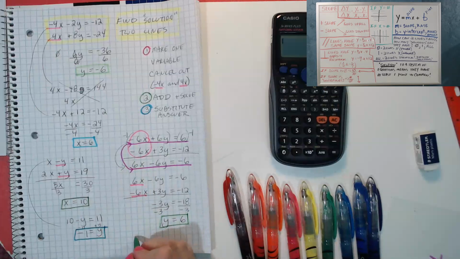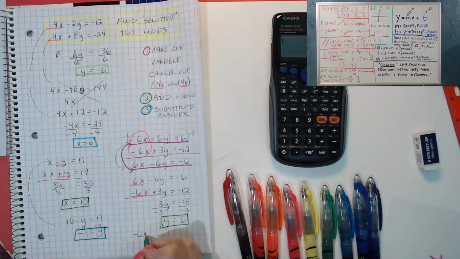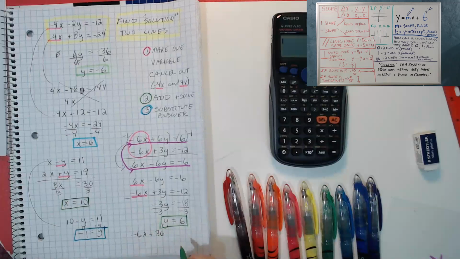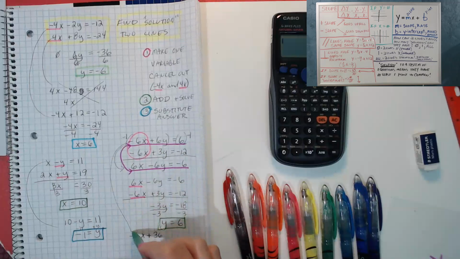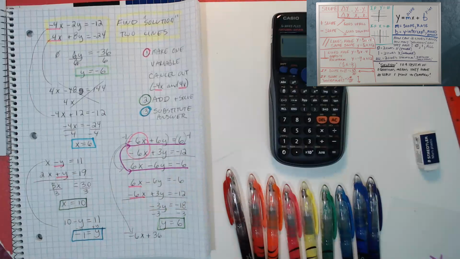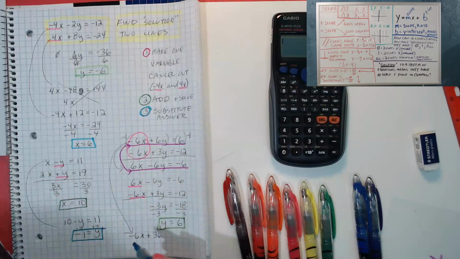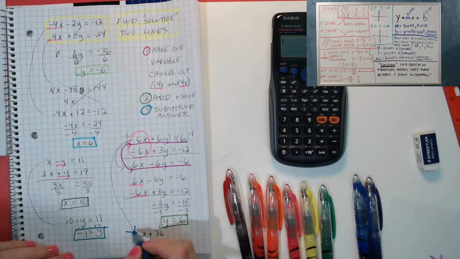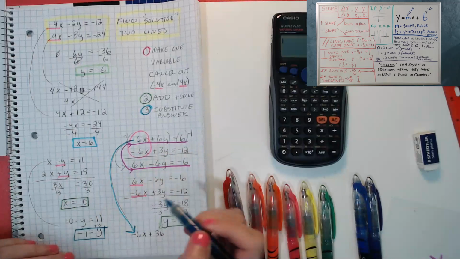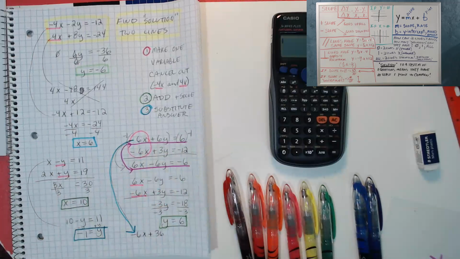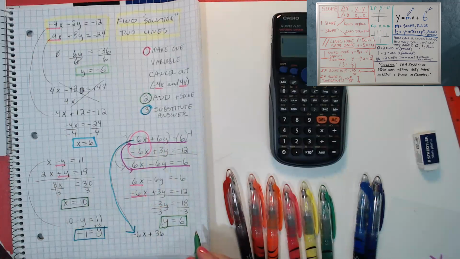So I have -6x plus 36 by using this first one. Since this is my final part of this, I'm using my original equation to work it through.